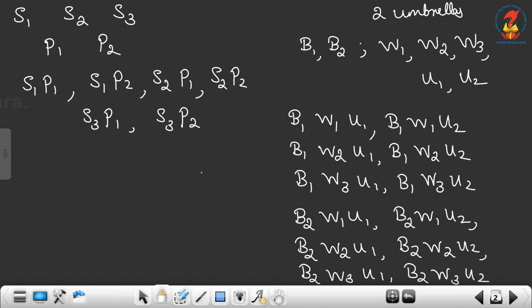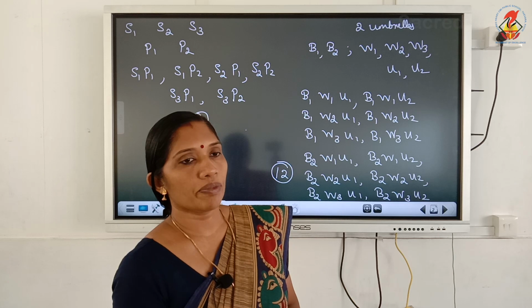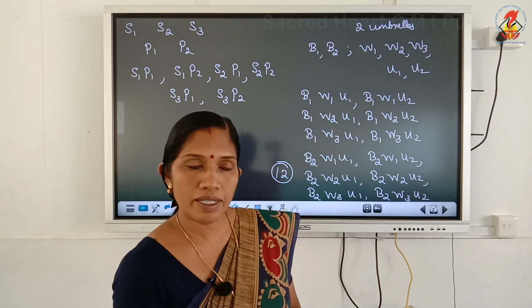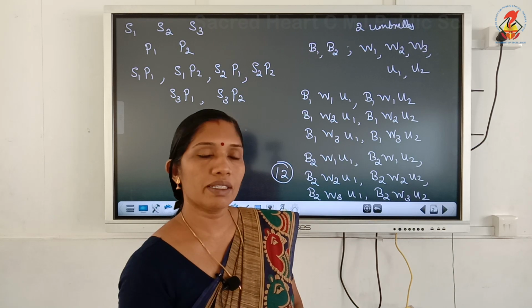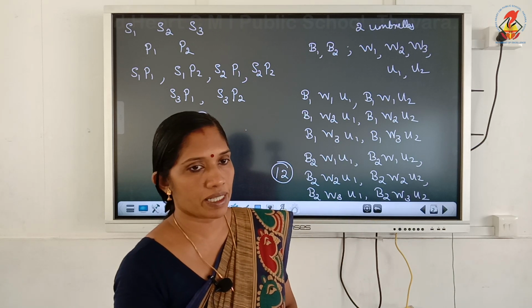So total 1, 2, 3, 4, 5, 6, 7, 8, 9, 10, 11, 12 possibilities, and here we had 6 possibilities. If questions come, it is very difficult to list all the possibilities, isn't it? If more items are there, it will take a lot of time to list all the elements.